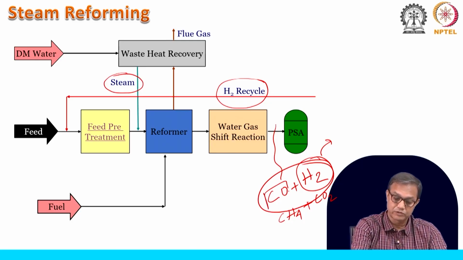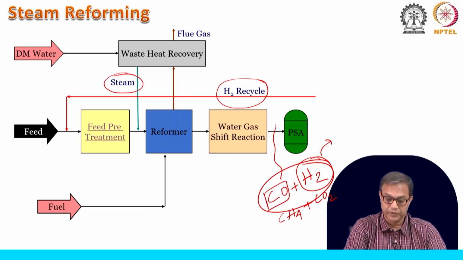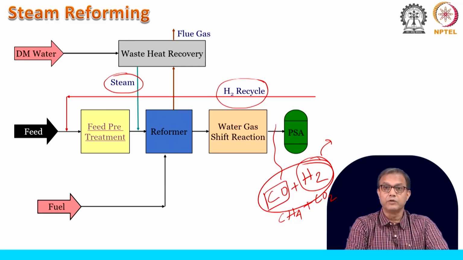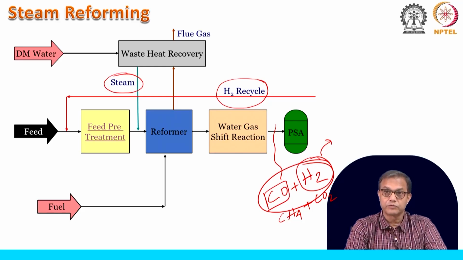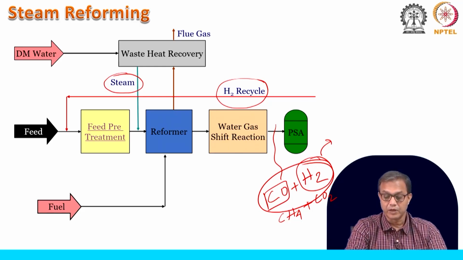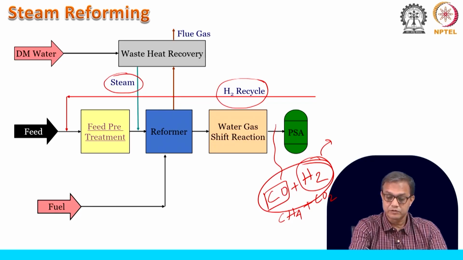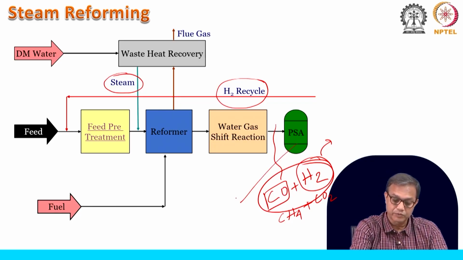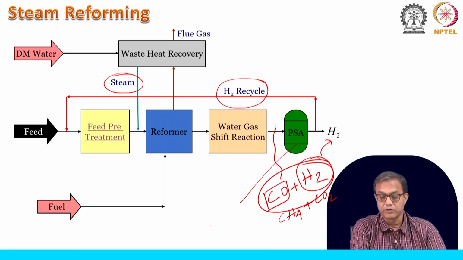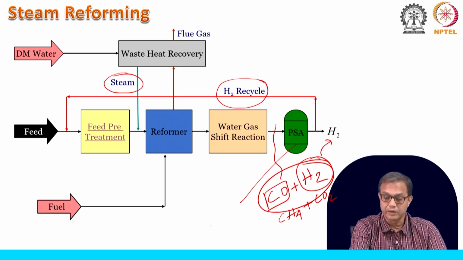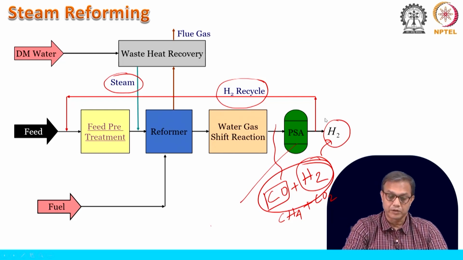Please note that this CO is again important for the chemical plants, but particularly for this application here we are looking for the hydrogen. So, we need to get it, and this is PSA, which is called pressure swing adsorption, where this hydrogen will be separated and we get finally the hydrogen product.